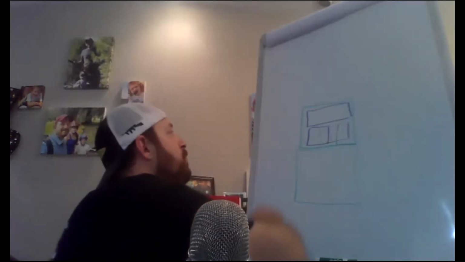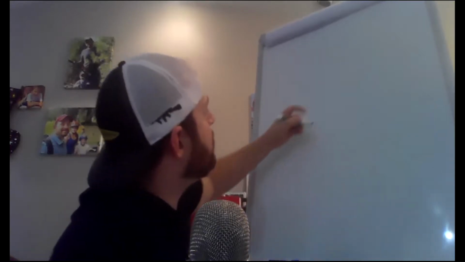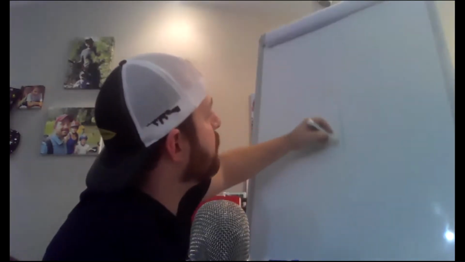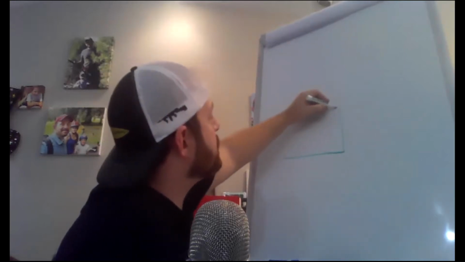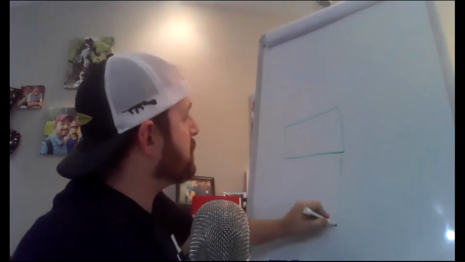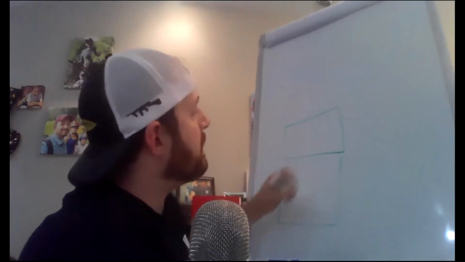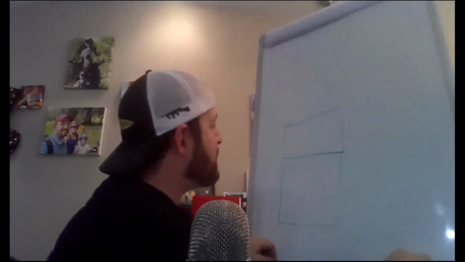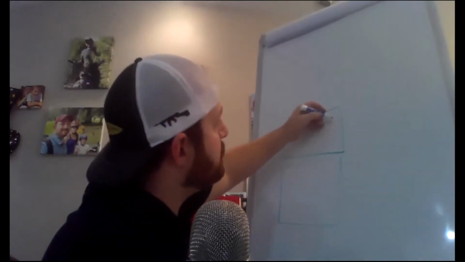So for us, again, just to re-explain, the bottom line of the canvas that we work with is our section, okay? And you can have multiple sections per funnel, okay? But inside the section, that's where we have our rows.